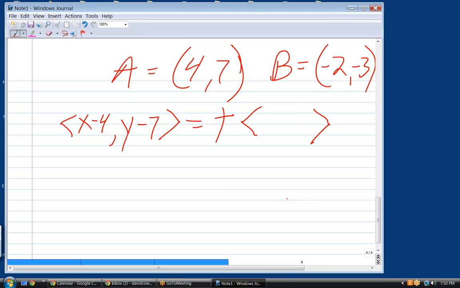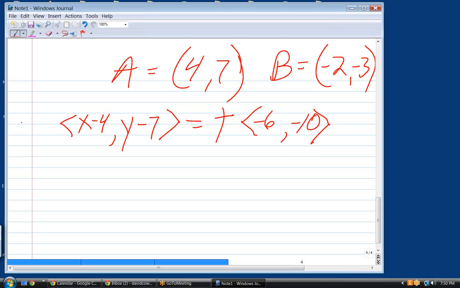OB minus OA. So do -2 minus 4, so -6, and -10. Now it's simple algebra.